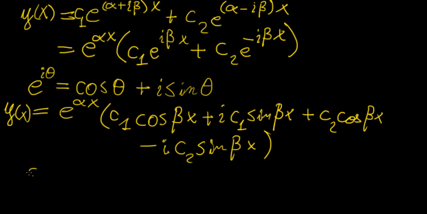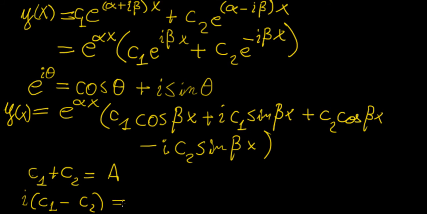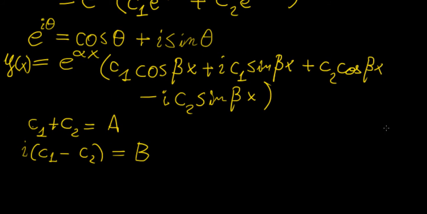So we can make a substitution here. Let's have c1 plus c2 equal to another constant a. And let's have c1 minus c2 times the imaginary unit i equal to another constant b. So now that we have that, we're going to have the following expression. The whole idea was to get rid of those imaginary units in the final general solution.